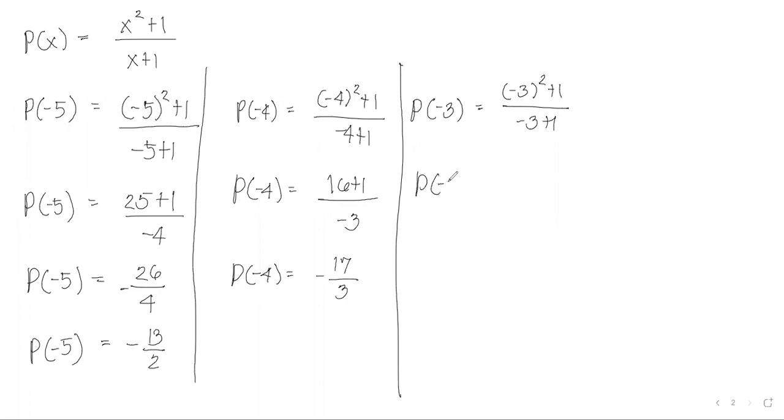So P of negative 3, negative 3 squared or 3 squared, parehas lang yan sila. 9 plus 1 over negative 3 plus 1, negative 2. Okay, P of negative 3, that is 9 plus 1, that's 10, divided by negative 2. So P of negative 3, that is negative 5.